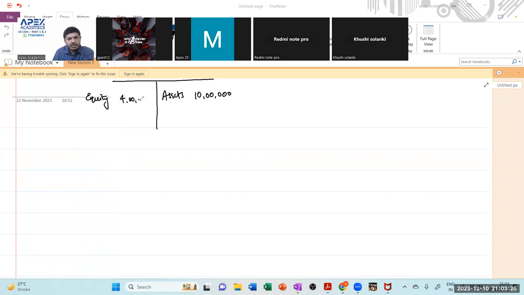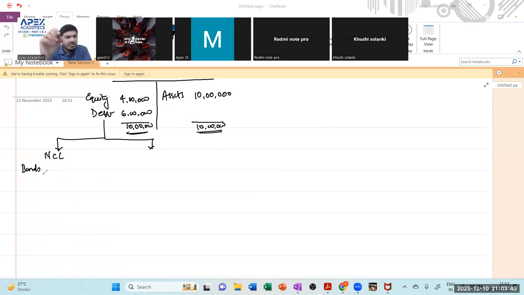And let's write down debt is 6 lakhs. This is tallying on 10 lakhs.